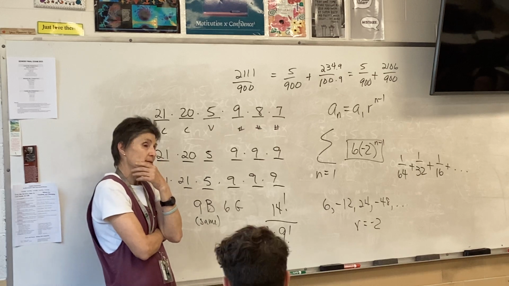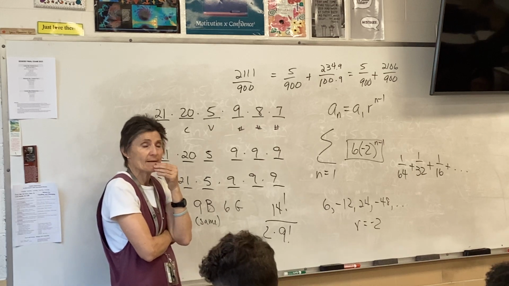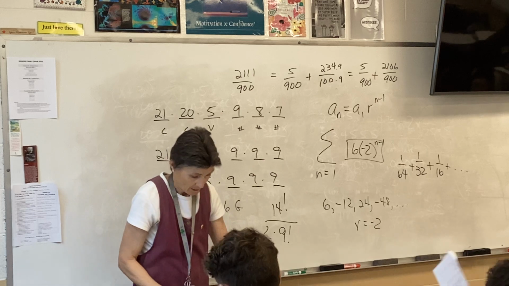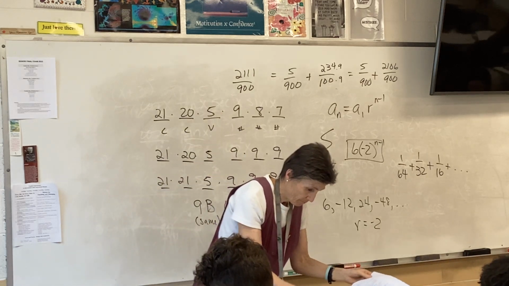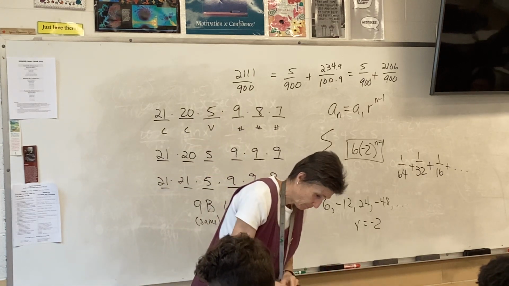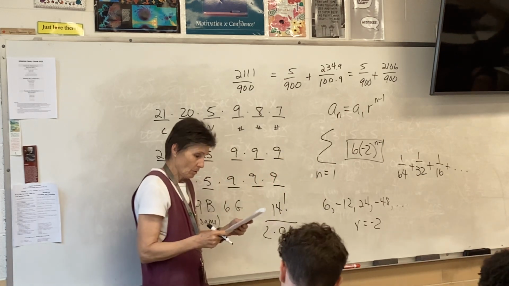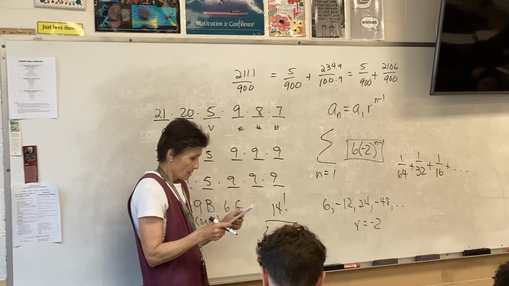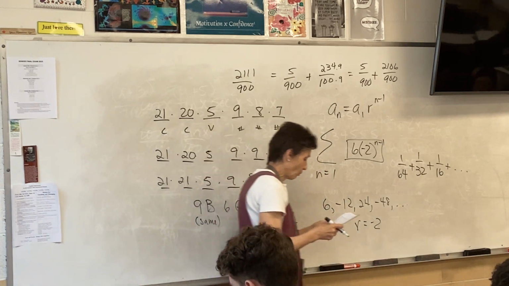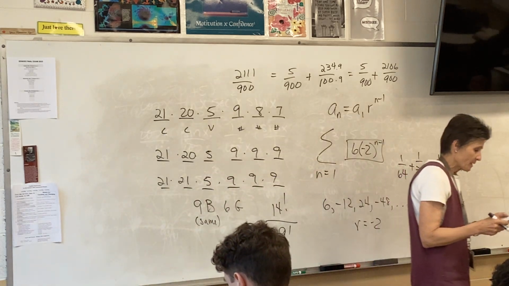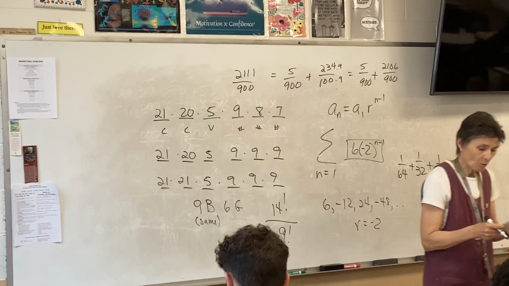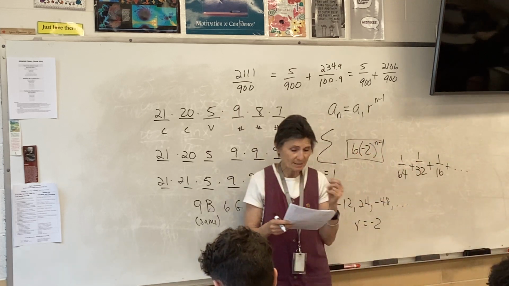Okay, what else? We need to pay attention to that review sheet, folks. We also, let's look at the 9.4 homework number 1. We should be cranking out these limits without a second thought.